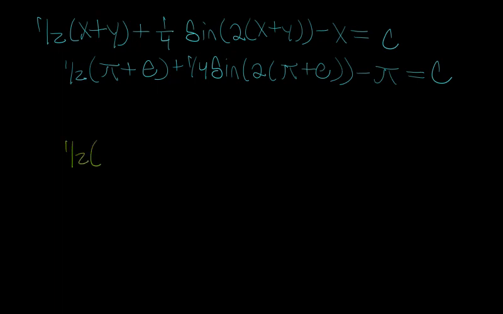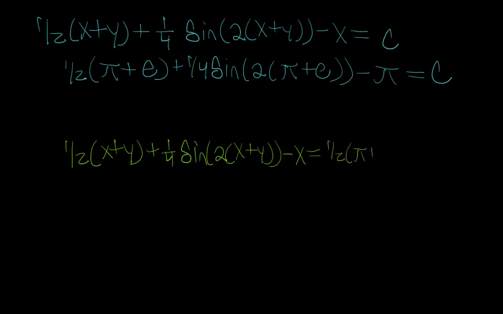1/2 (x plus y) plus 1/4 sine 2(x plus y) minus x, and that equals 1/2 (pi plus e) plus 1/4 sine 2(pi plus e) minus pi.